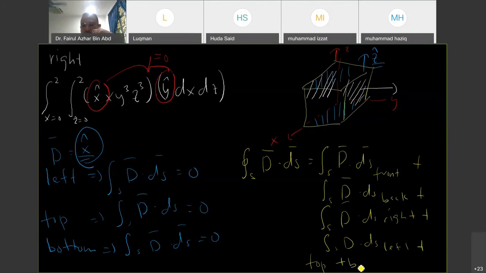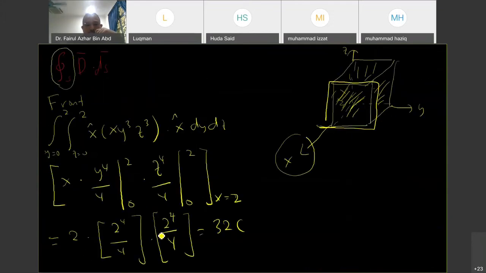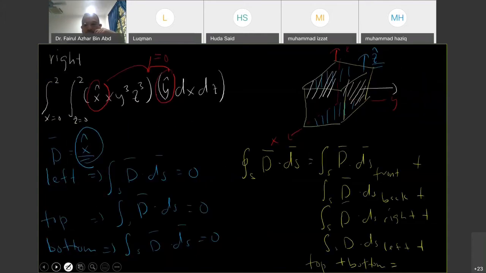Because we only have a result on the front side, which is equal to 32 coulomb, the rest will become zero.